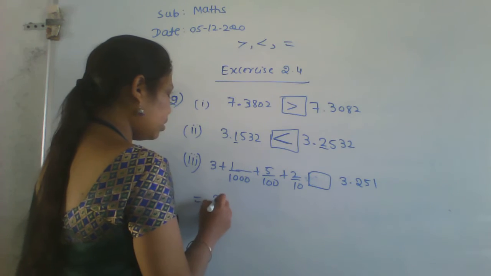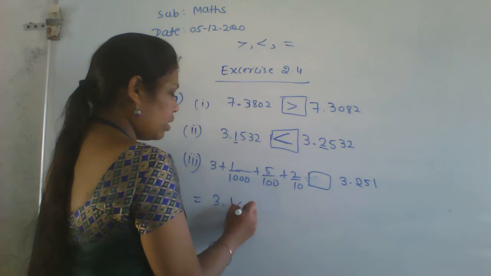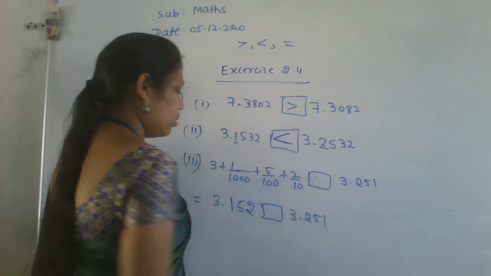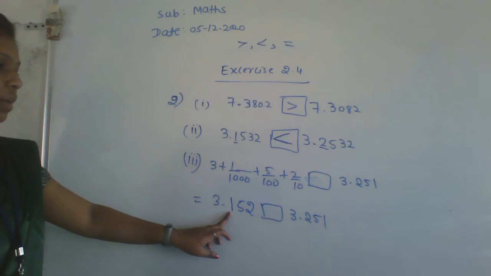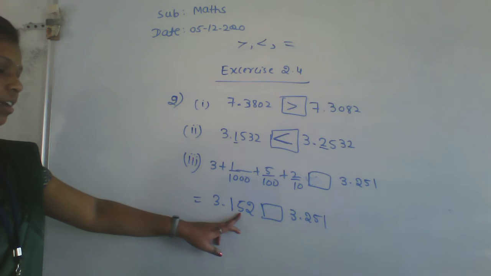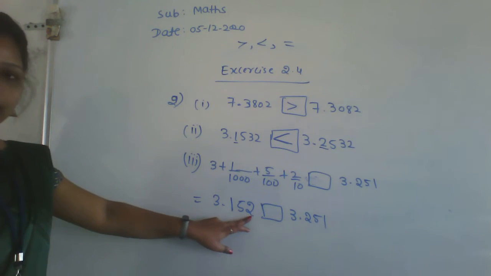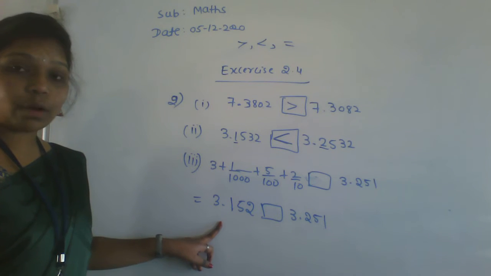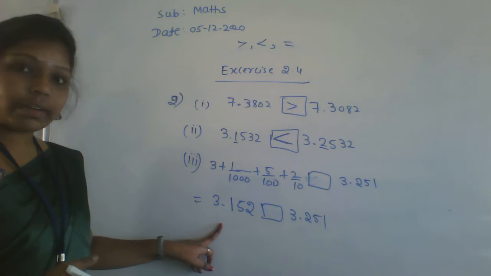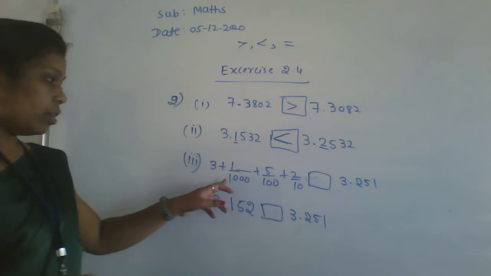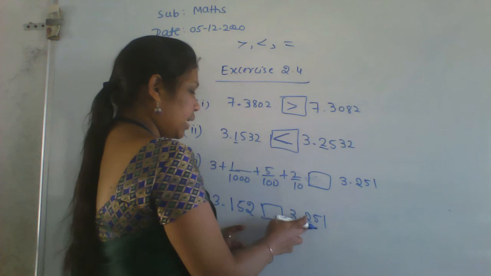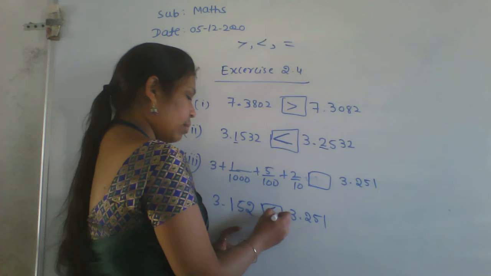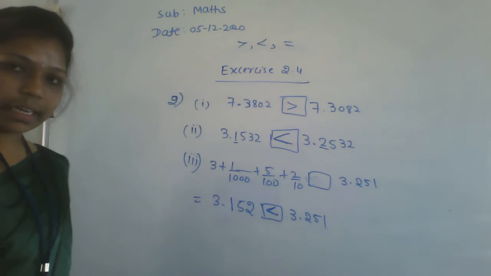This is nothing but 1 by 1000, 5 by 100, and 2 by 10. The meaning of this one in decimal number, I hope everyone learned in 6th standard. Now you are in 7th standard, right? So here 1 5 2 is there, here 2 5 1, and compare here. This one is greater. We have to use this symbol. Getting idea?